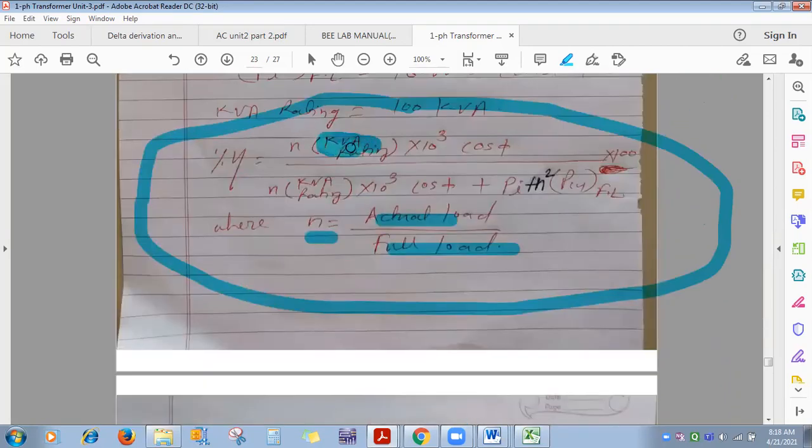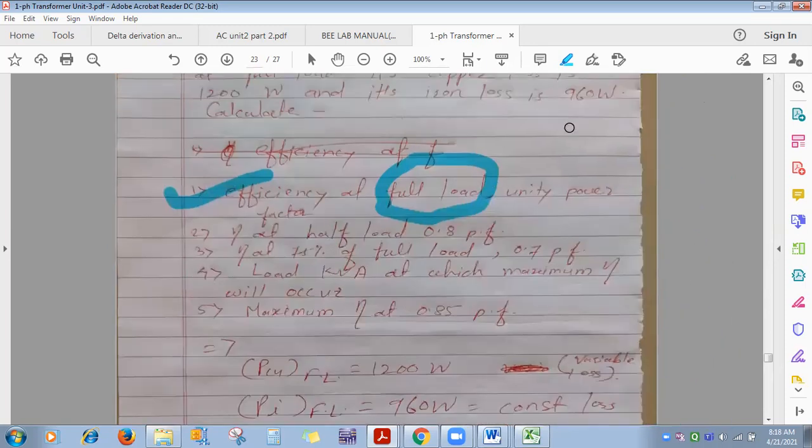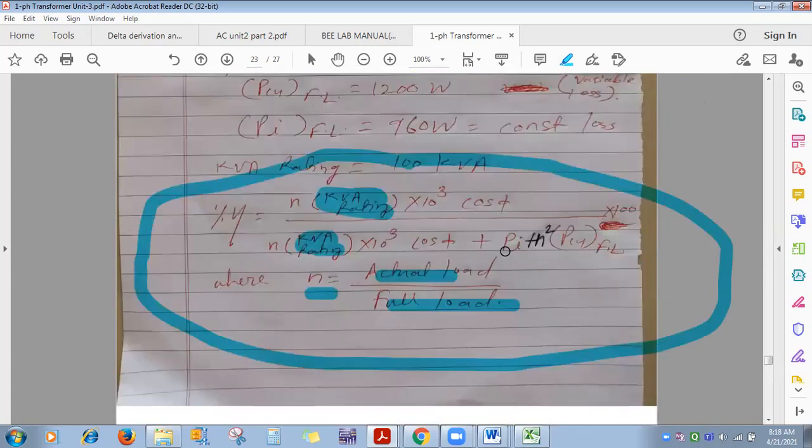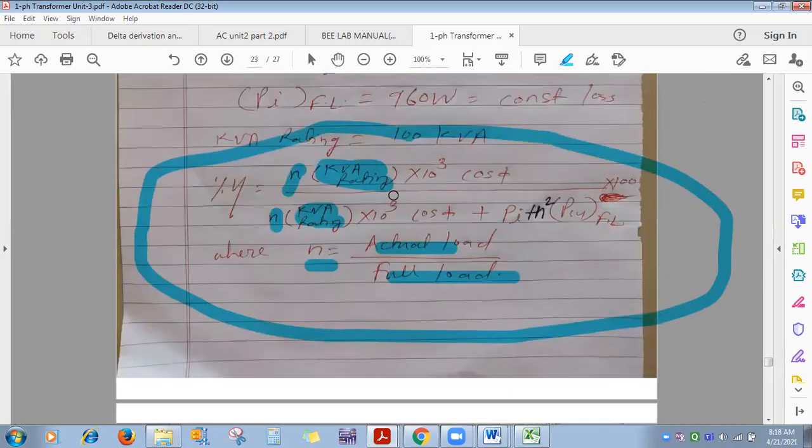Here the KVA rating is the full load KVA. In this formula, whatever I have written, N is actual load upon full load, and KVA rating is nothing but the full load KVA rating. The full load KVA rating is given as 100 kVA, so that value we got, N we got, KVA rating we got, 10 to the power 3.